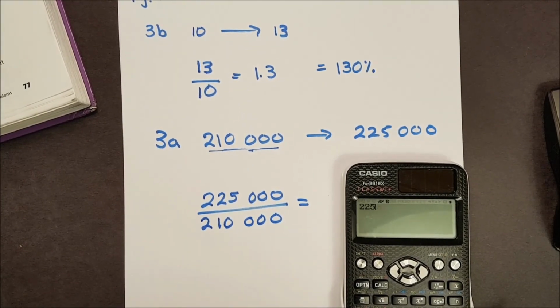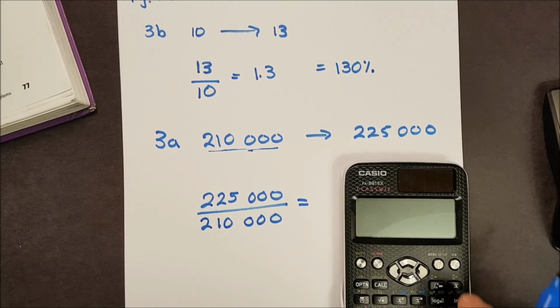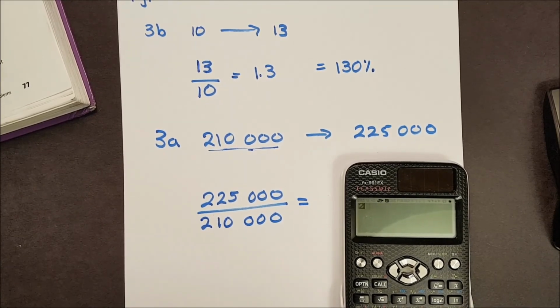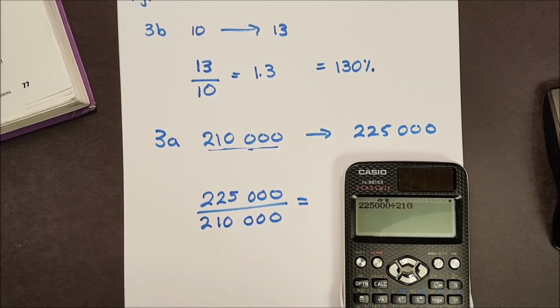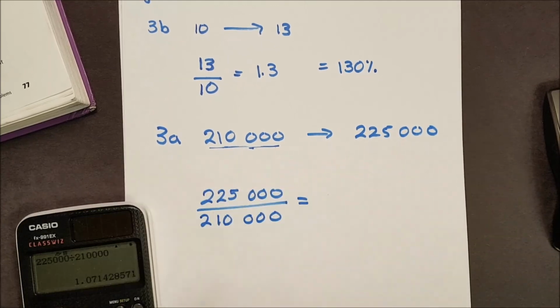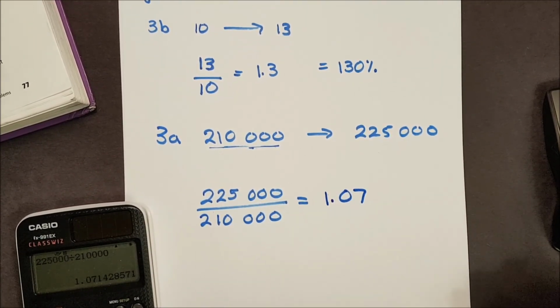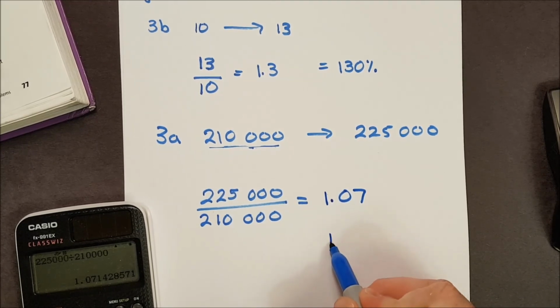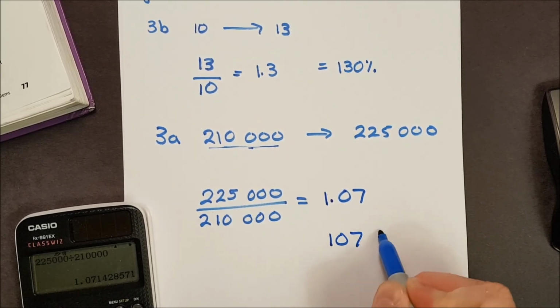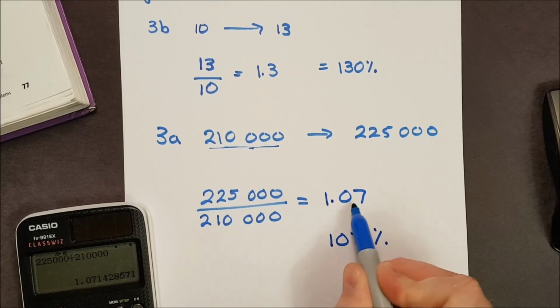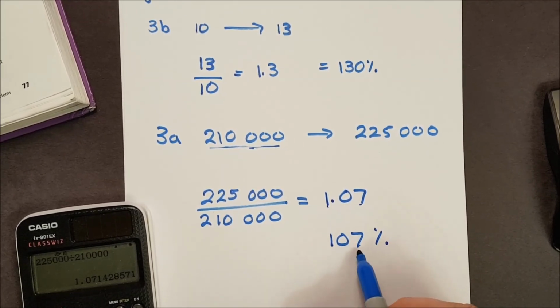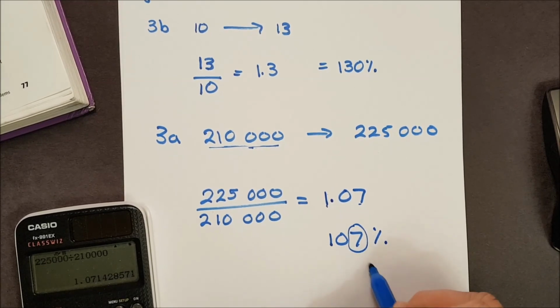Well, we'll do the whole number here: 225,000 divided by 210,000 equals 1.07. Well, as a percent, this is 107%. So we know, because it's over 1, well, it's over 100%, so the house price rose an extra 7%.